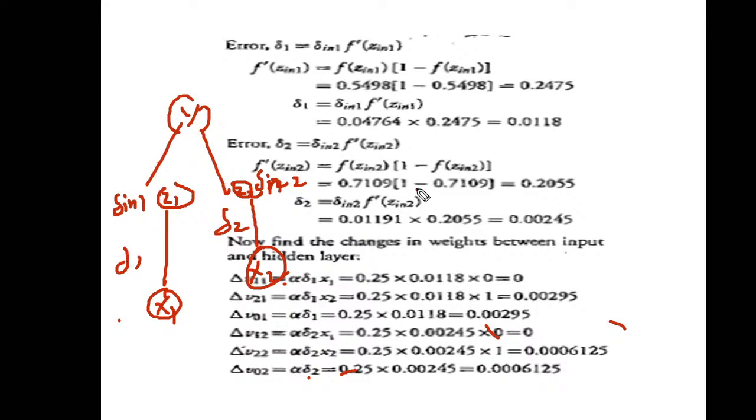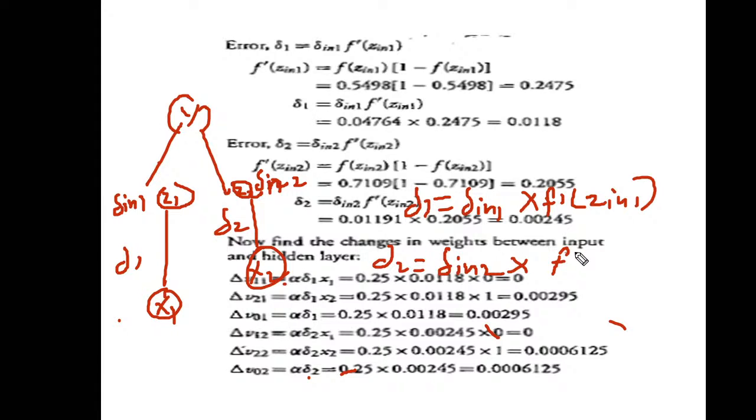So delta 1 will be calculated as delta_in1 multiplied by f dash of z_in1, which we already calculated. Similarly delta 2 will be delta_in2 multiplied by f dash of z_in2. You can just substitute the values and you can get the results.